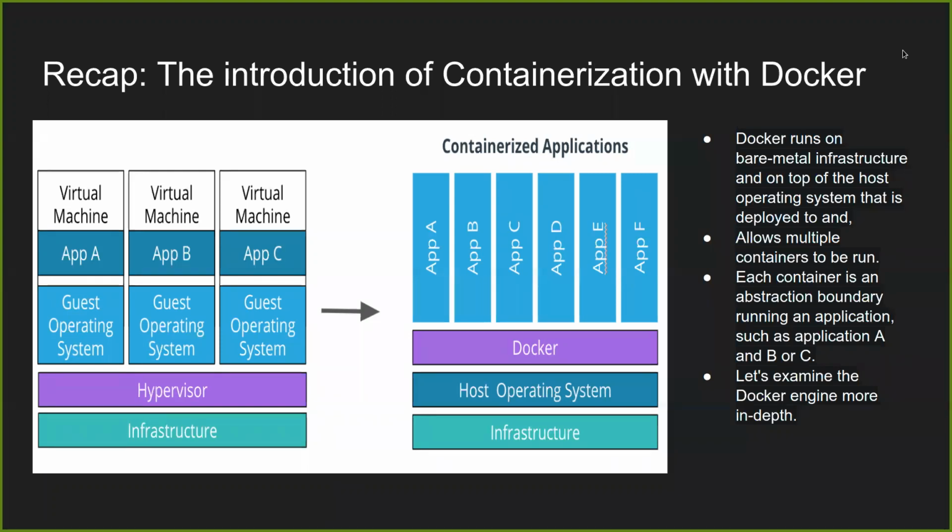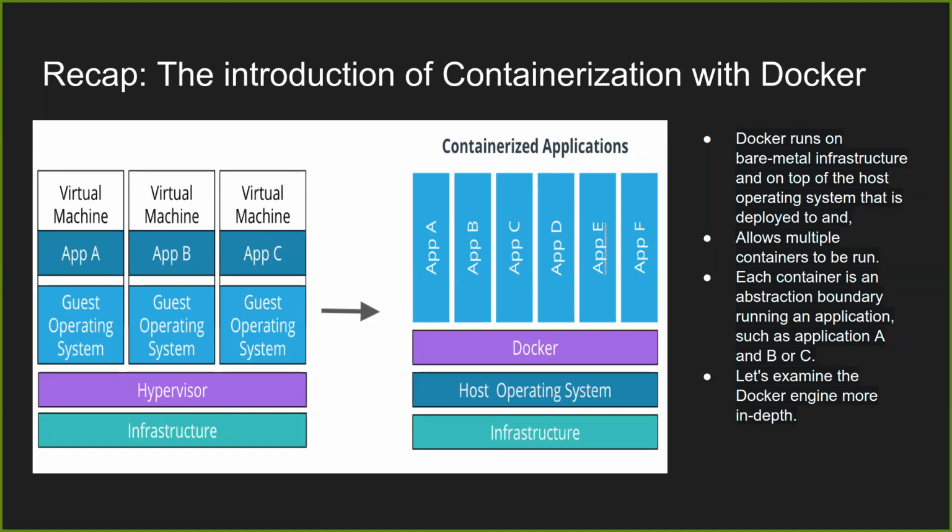This then allows multiple containers to run concurrently. Each container is an abstraction boundary running an application, for instance ABC, so all of those applications are isolated in that environment.